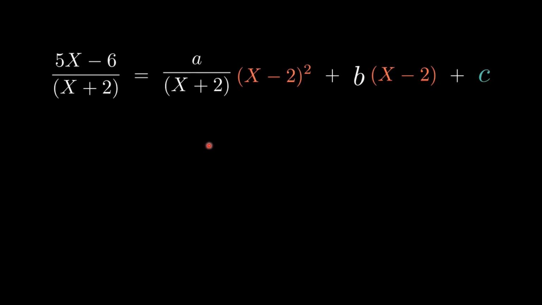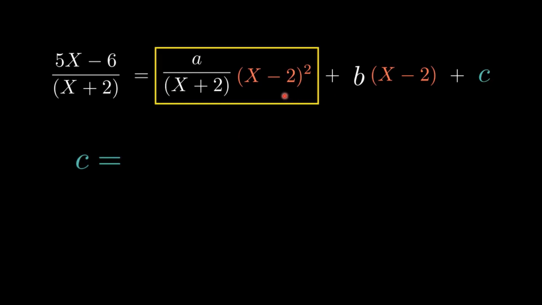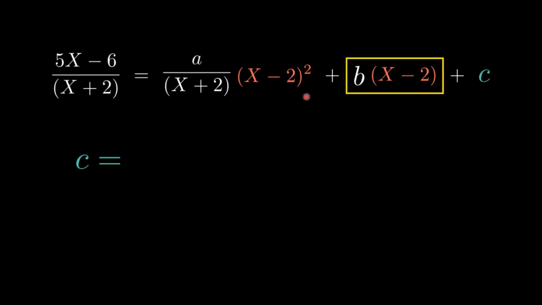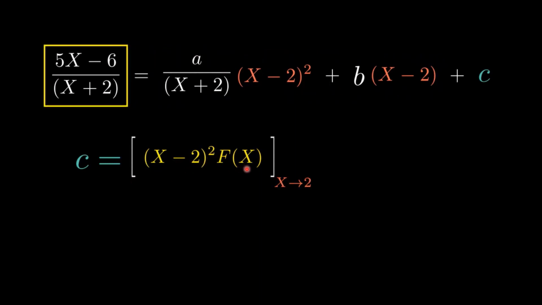Then what is the best value of x to give c? When x equals 2, these terms are 0, so c equals x minus 2 squared times f of x at x equals 2.